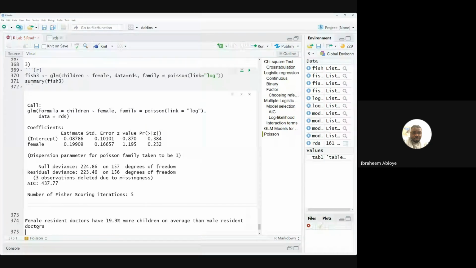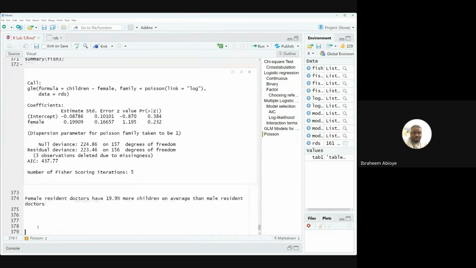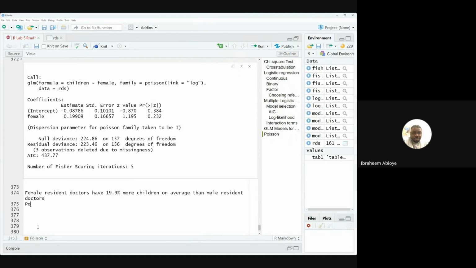To summarize and tie it all together, for Poisson models, for a binary outcome, 0 or 1, you have to use the log link, and you have to exponentiate.